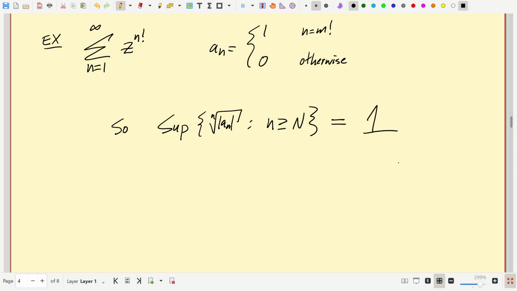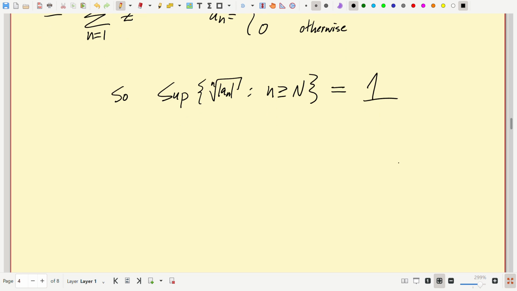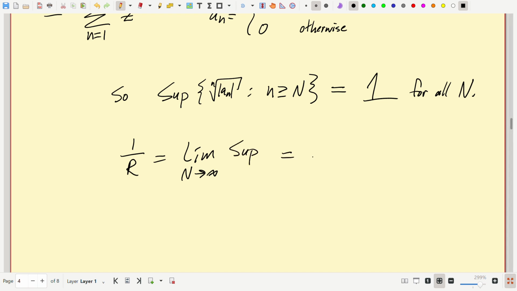And of course, that's 1, 1, 1, 1, 1 for all n. And so that thing has a limit. One over r is the limit of those ones. So r is equal to 1. I deduced that by other means, sort of using more theory of power series the first time I did it.